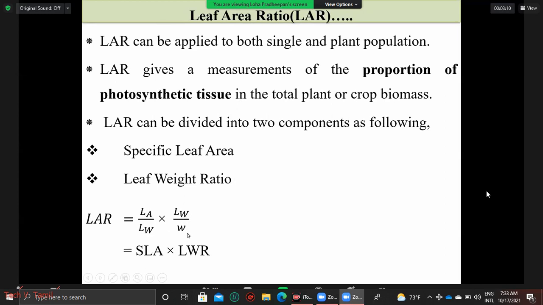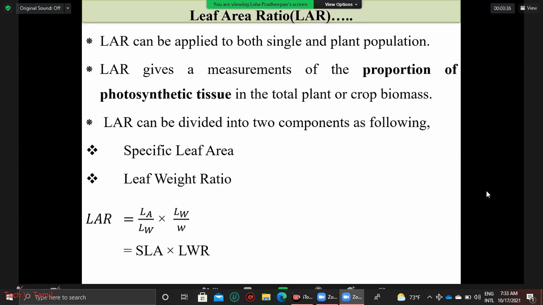So this is coming as the leaf area of the total plant over the plant dry weight. So in our leaf area ratio, what are we doing? We are calculating the ratio between the leaf area of a crop and the total dry weight. So leaf area ratio has two components, specific leaf area and the leaf weight ratio.